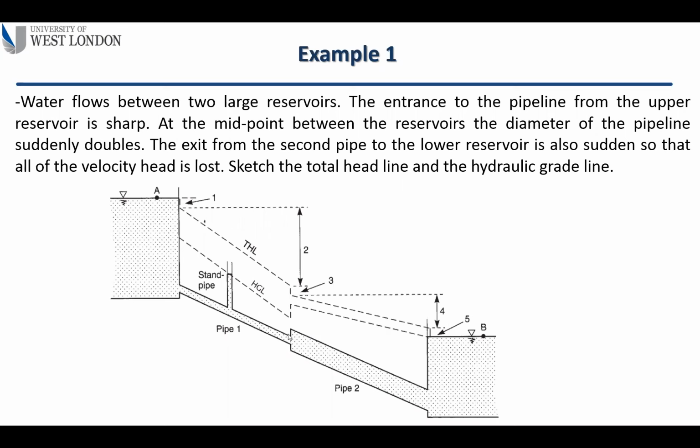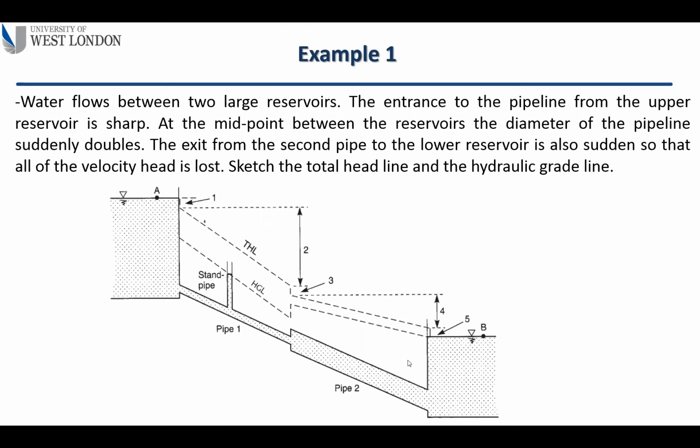The diameter has an inverse relationship with the friction head loss, so if the diameter increases, we lose friction head at a smaller rate. That's why this gradient is milder, and the earlier one is steeper because the diameter was smaller there. So we get to this point.